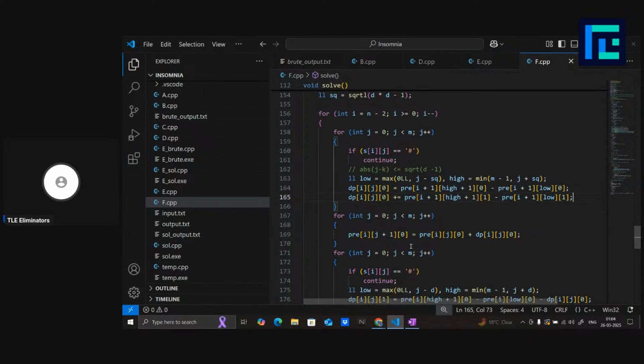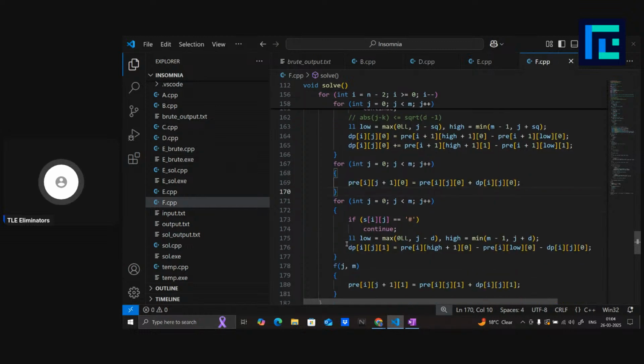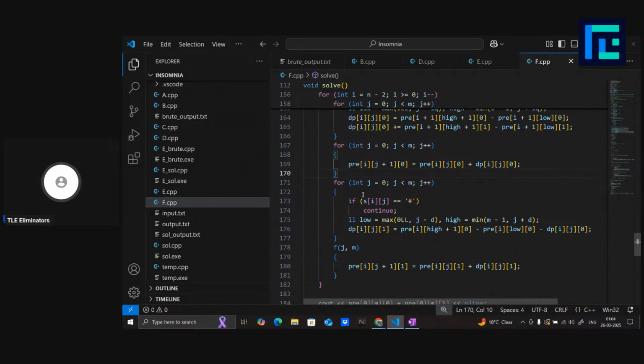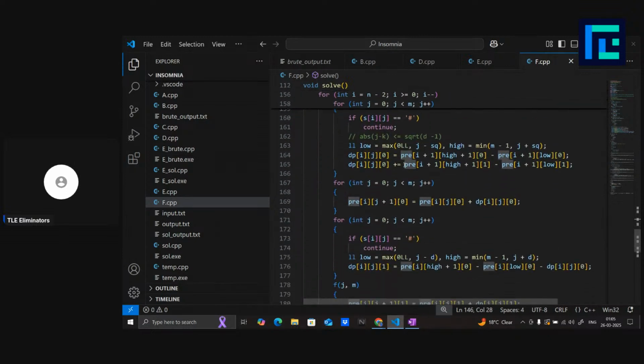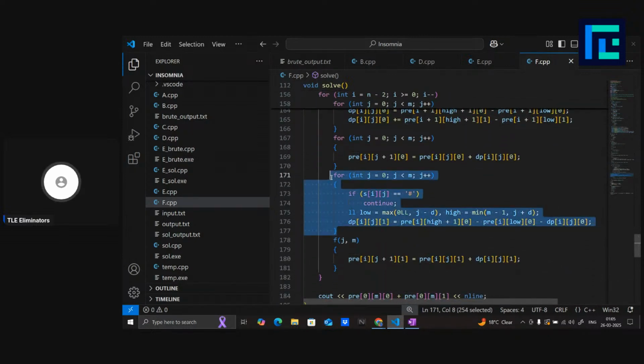And then I just take the prefix sum. To calculate the type 1 for the ith row, I can transition from i comma j comma 0, but subtract i comma j comma 0. So this is basically the same as what we did while calculating the dp1 for the last row. So we did that, and again just take the prefix for the dp1 as well.